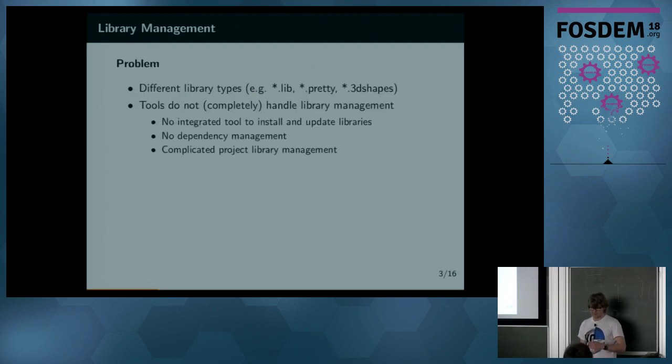So, something about the library management. One thing is other tools have different library file formats for different kinds of library types. For example, one library type for components, one for footprints, and so on. And I think this is not really nice for users, because maybe the tool sometime adds support for SPICE models or something like that, and it also introduces a new file format for libraries.